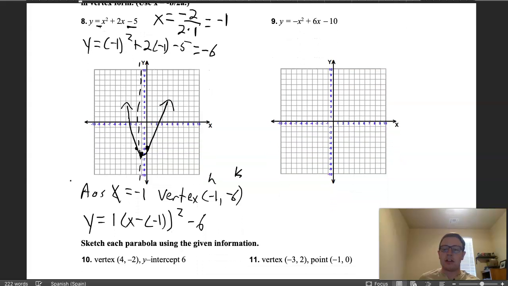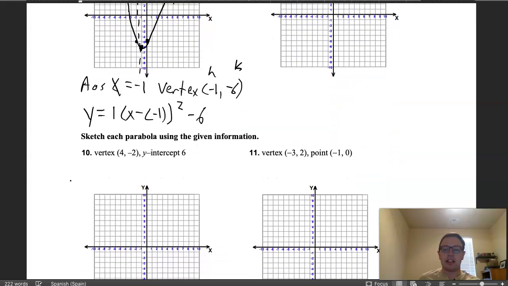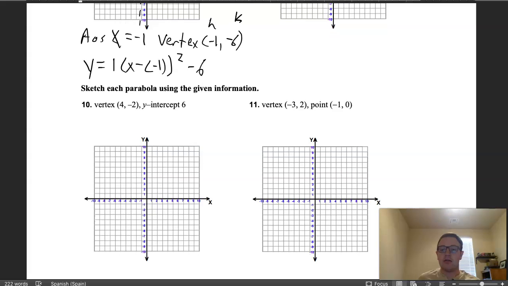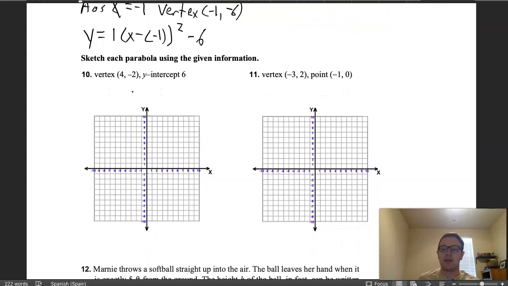Okay, what about sketching a parabola using this information? Well, for this one, we have a vertex of 4 comma minus 2. So let's go to 4, 1, 2, 3, 4, minus 2. That is our vertex, meaning our axis of symmetry also runs through this area.